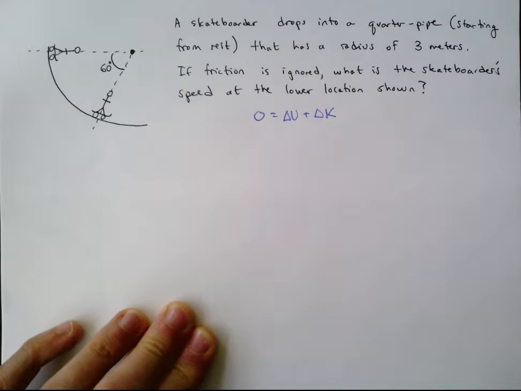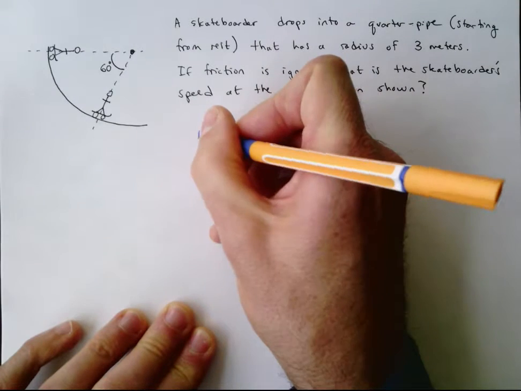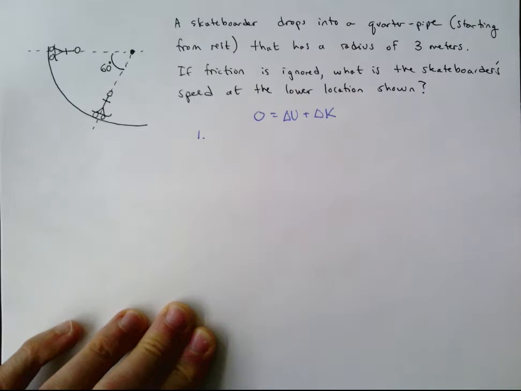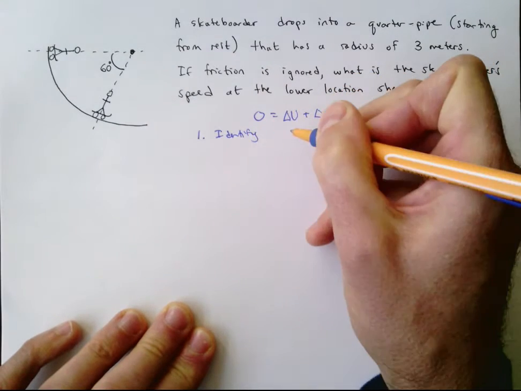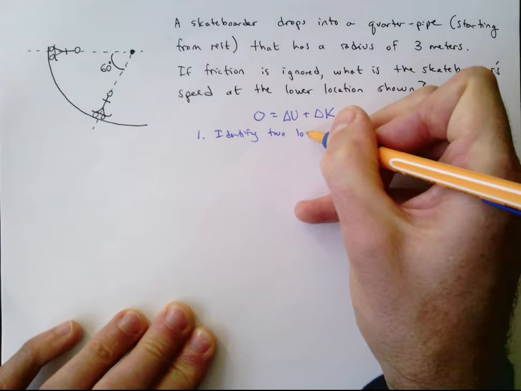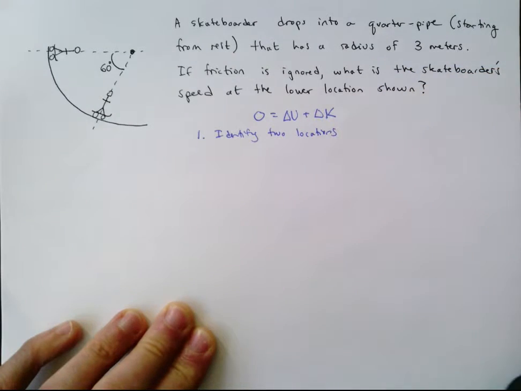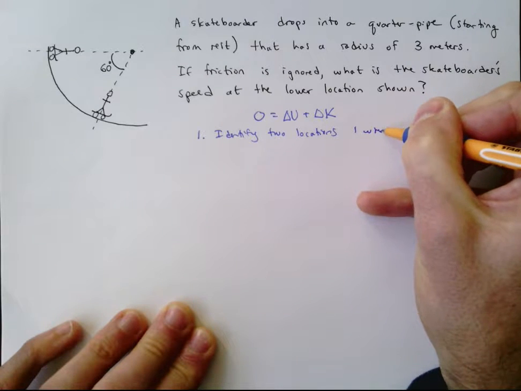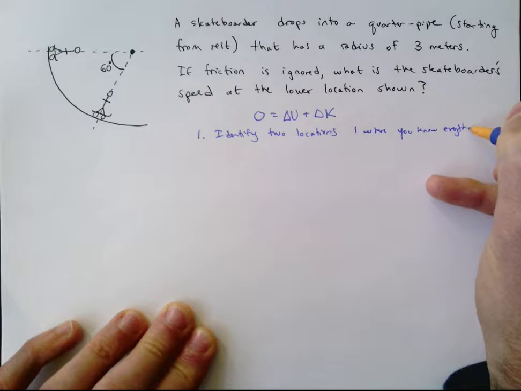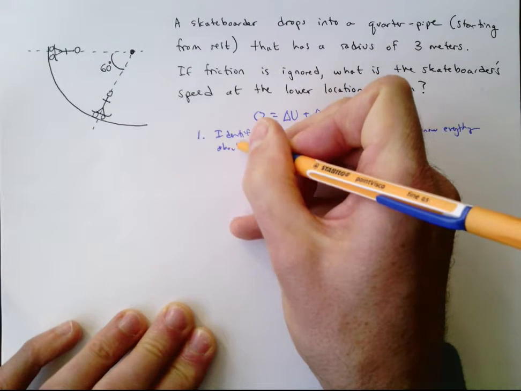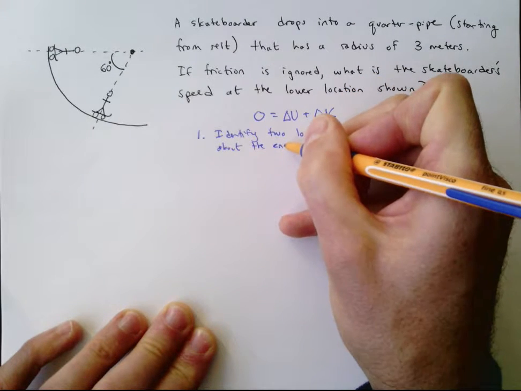So for that reason, the first thing you should do when you're doing a conservation of energy problem like this is identify two locations. One where you know everything about the energy.